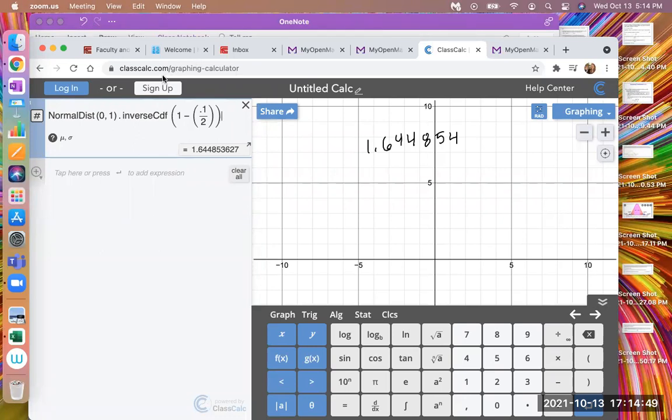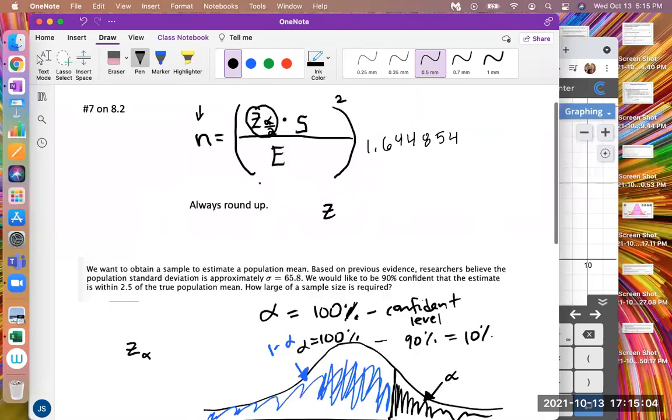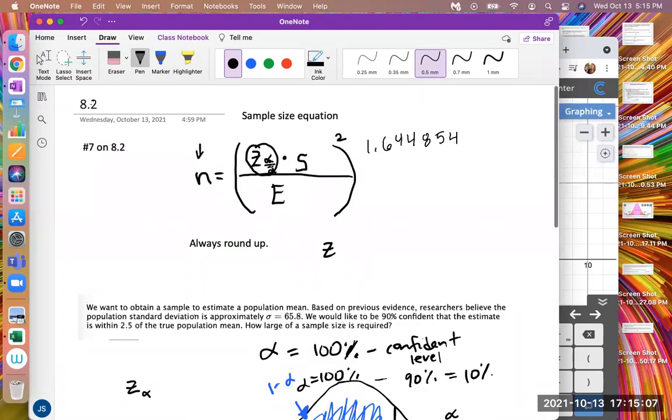So now I might even be able to keep that actually in my calculator, and then I could even just go and start calculating the next thing. So I could say, okay, well, now I plug in for this Z alpha over 2, for that whole thing, I'm plugging in this answer. So the next thing would be to multiply by the S, which would be this 65.8.